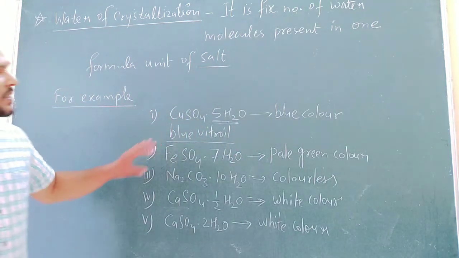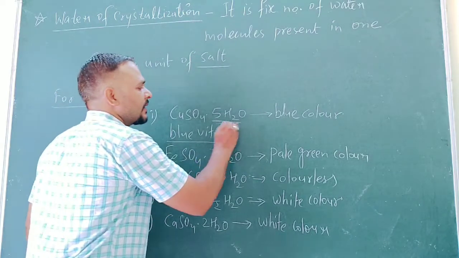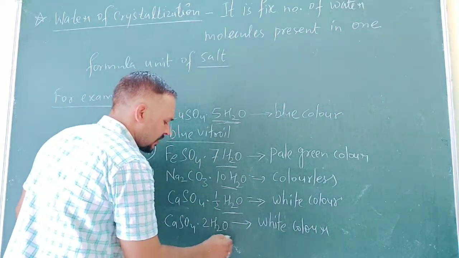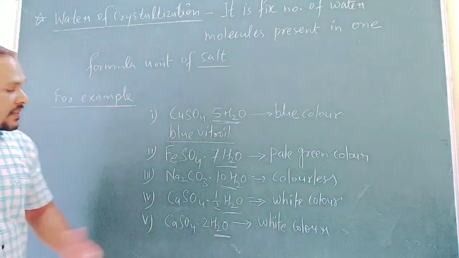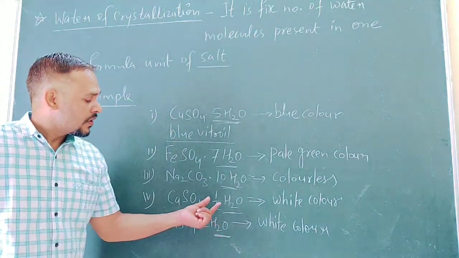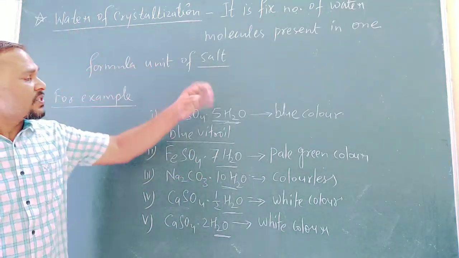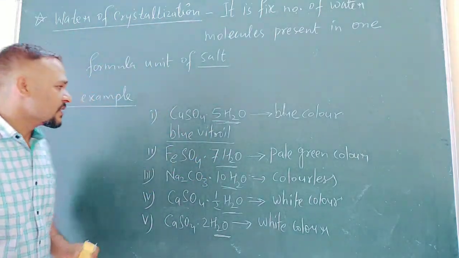In all the cases, you will find there are a fixed number of water molecules. This is called water of crystallization.